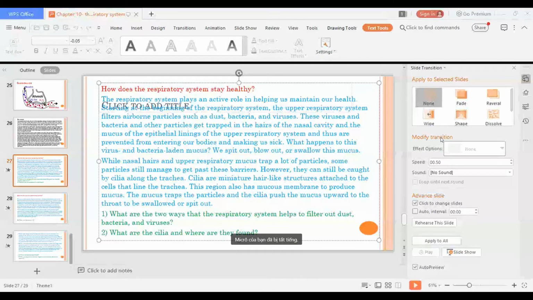What happened to this virus and bacteria lining mucus? We spit out, blow out, and swallow this mucus. Okay, thank you so much.